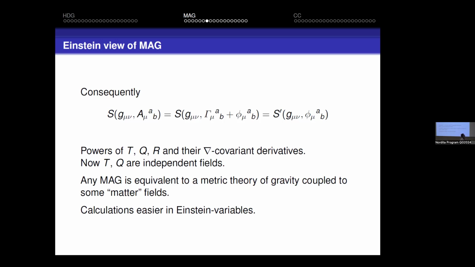And so this is just a field redefinition. So you have this new action that will be constructed with torsion, non-metricity, the Riemann tensor, and Levi-Civita covariant derivatives. So I call this the Einstein way of presenting metric-affine gravity because it looks like metric gravity plus some fields, T and Q.